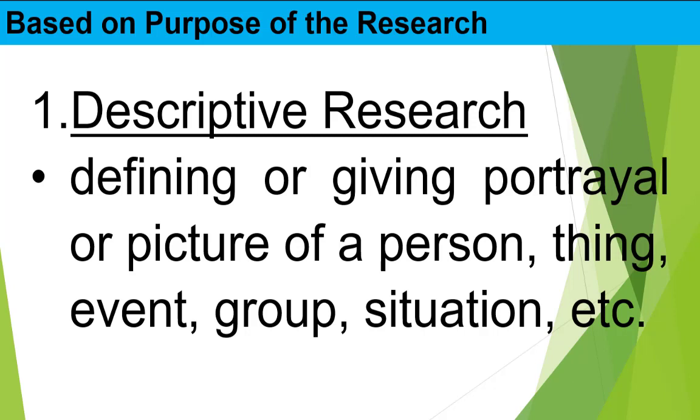Second, the way of categorizing research is based on the purpose of the research. It could be descriptive, descriptive in the sense that you are simply describing or defining what is being studied. So you are just going to give a general picture of the topic that you are going to study.